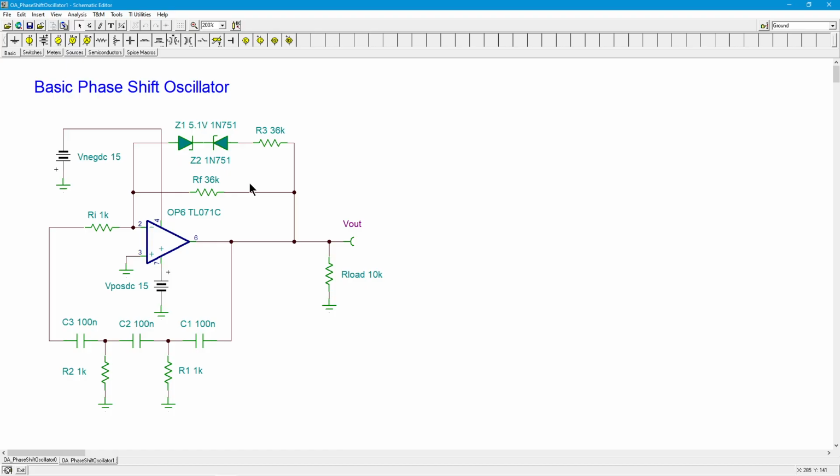Now, earlier I mentioned that we don't necessarily worry about getting exactly 180 degrees here. Our formula, the 1 over 2 pi square root of 6 RC thing, sort of assumes we need exactly 180, but in reality, the op amp itself will produce a few degrees of phase shift beyond. In other words, it's ideally 180, but once you start moving up in frequency, the phase of the op amp itself starts to continue, with the feedback.